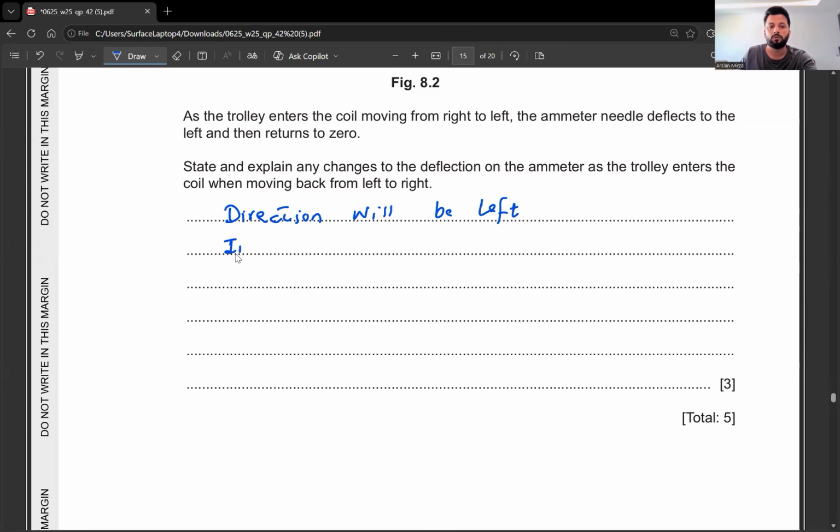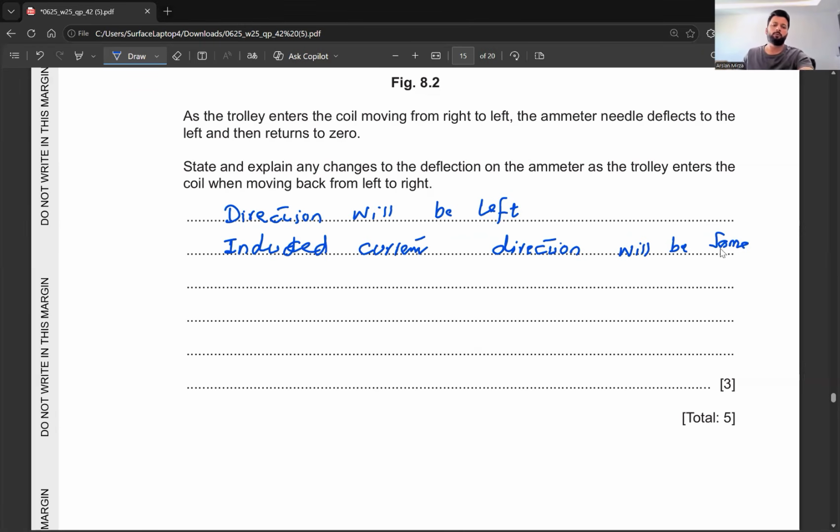Because the trolley was moving in that side, you can write the induced current direction will be the same. Those are 2 points. And the third point, you can write a smaller current will be produced.